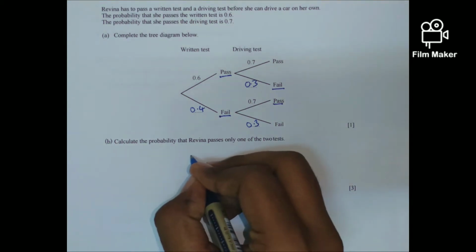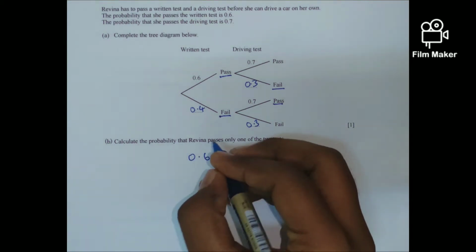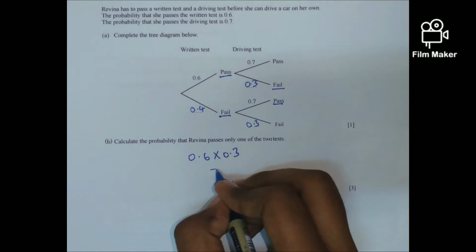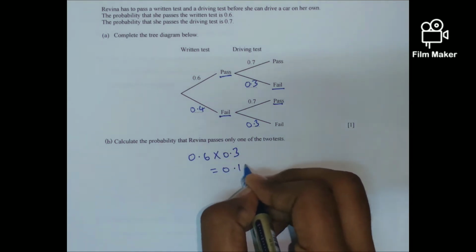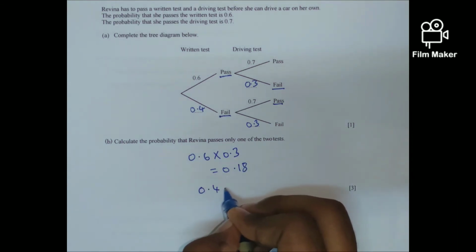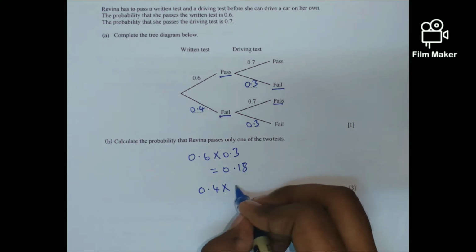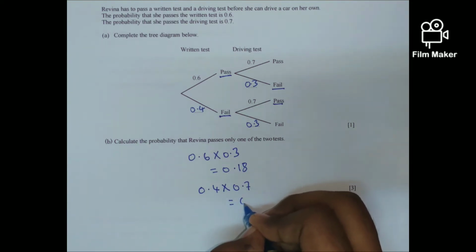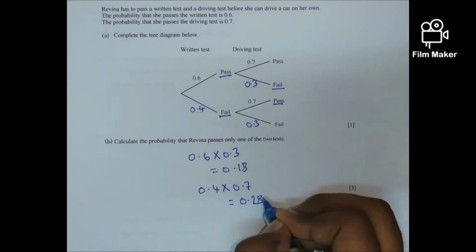So 0.6 into 0.3 equals 0.18, and 0.4 into 0.7 equals 0.28.